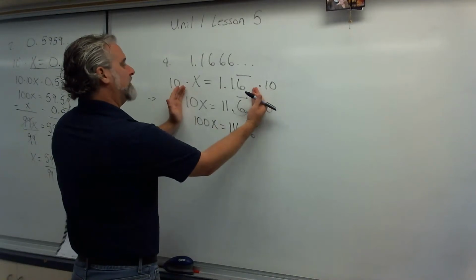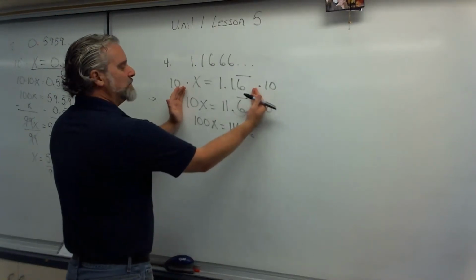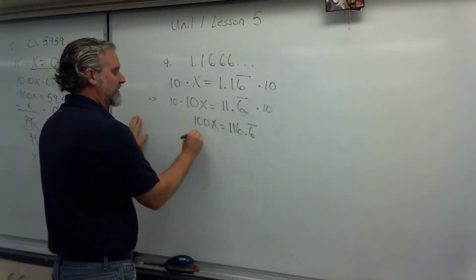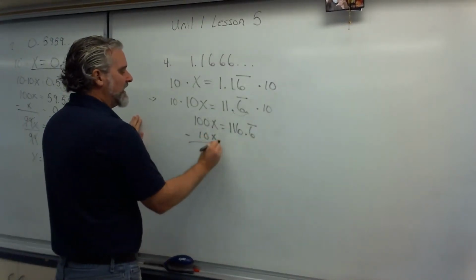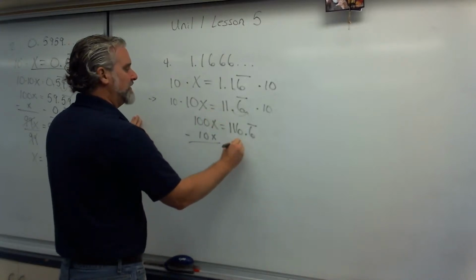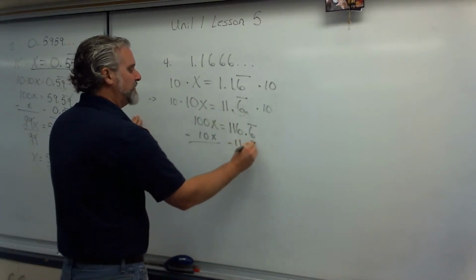So we're going to subtract what I had mentioned, that 10x equals 11.6 repeating, from both sides. Subtract 10x on this side because those are like terms, and the equivalent from the right-hand side, 11.6 repeating.